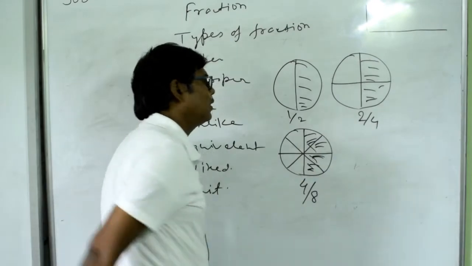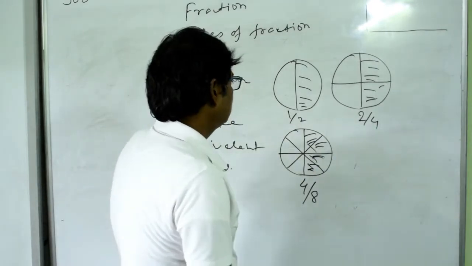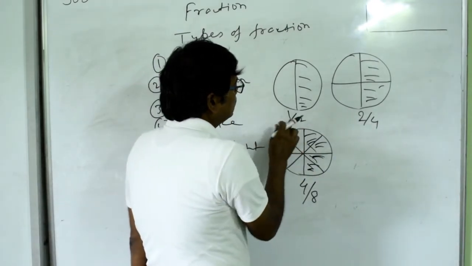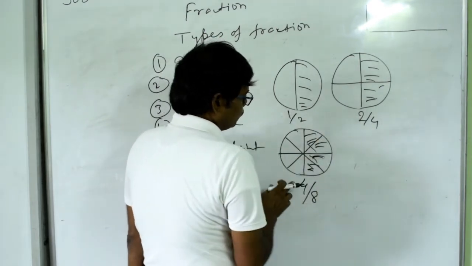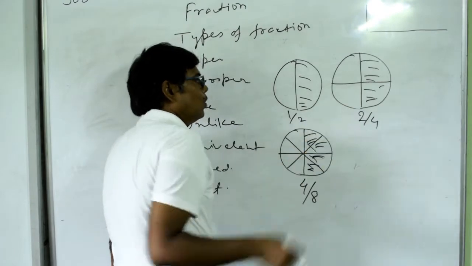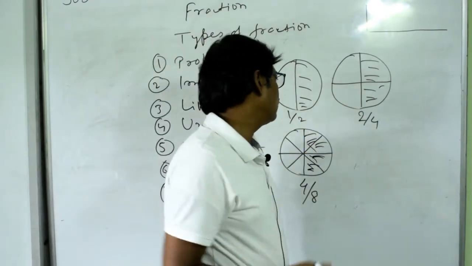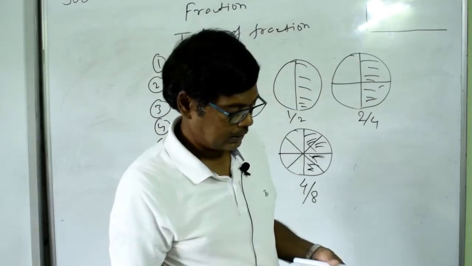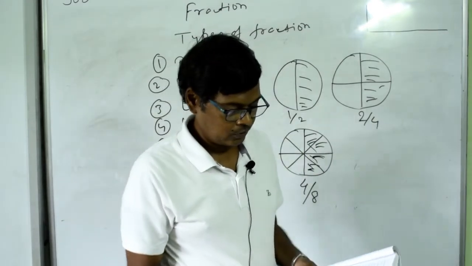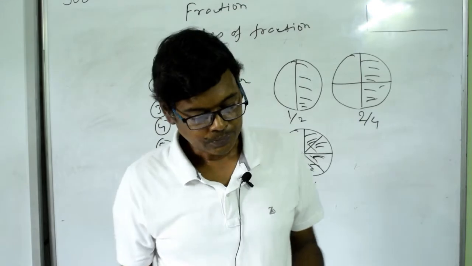It means all are equivalent fractions. It is written as 1 by 2 because 1 part out of 2, here 2 parts out of 4, and here 4 parts out of 8. But all these fractions represent the same portion of the figure. That is why they are called equivalent fractions.